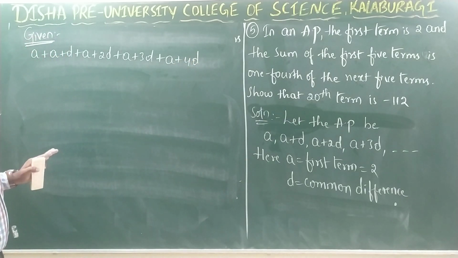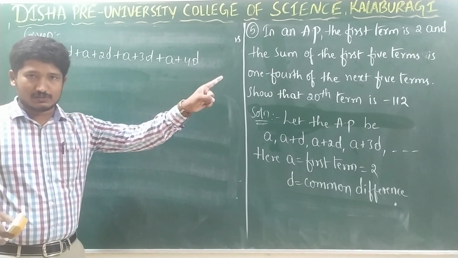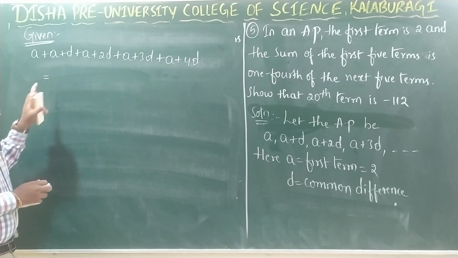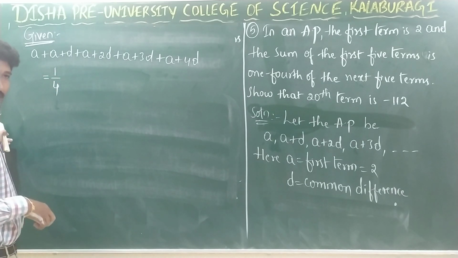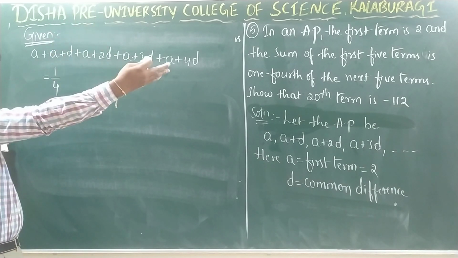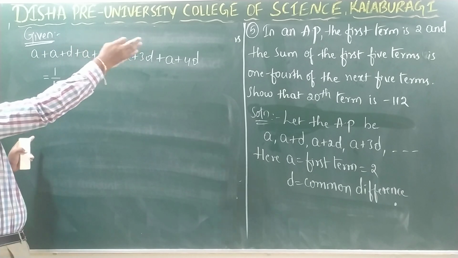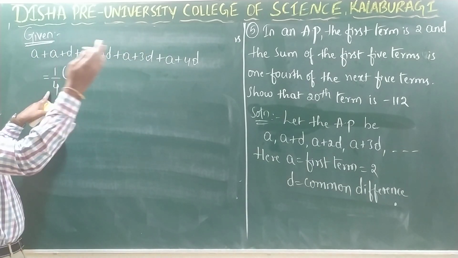The sum of the first 5 terms, you just write it continuously. I don't have space there, that is why I am writing here. Equal to 1/4 of the next 5 terms, right? When you add the next 5 terms and divide by 4, it must be equal to the sum of the first 5 terms.